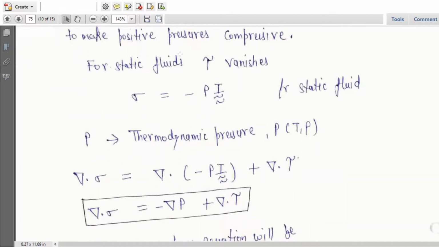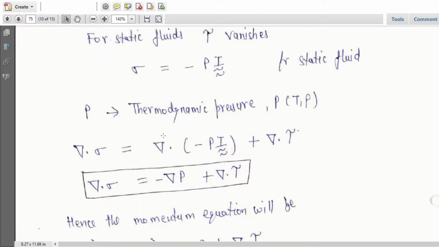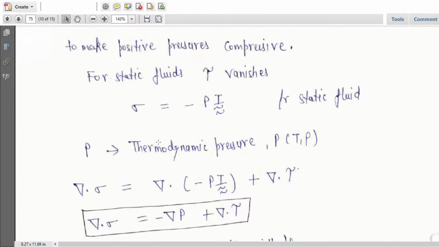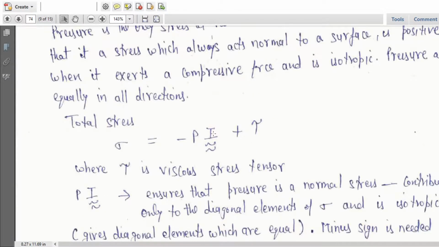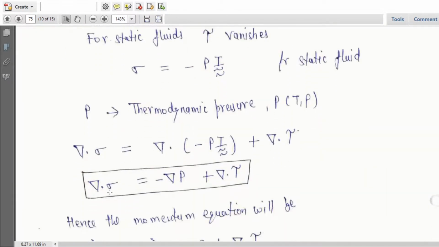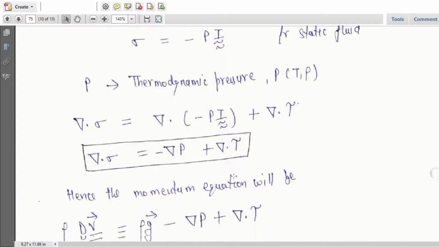For static conditions, viscous stresses are not there, so sigma is given by minus p I. Then here we can find del dot sigma. So del dot sigma in the case of net sigma is this, so we'll say here del p for this one, then del dot tau.